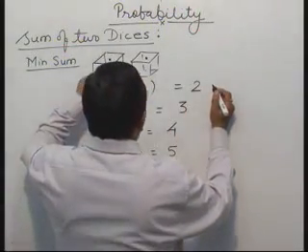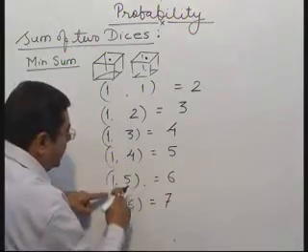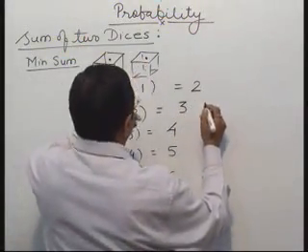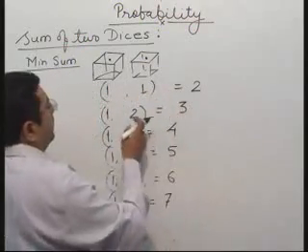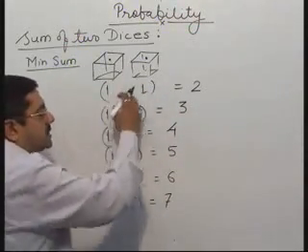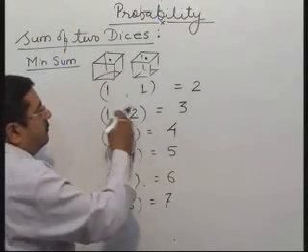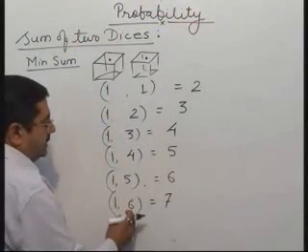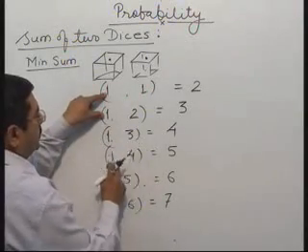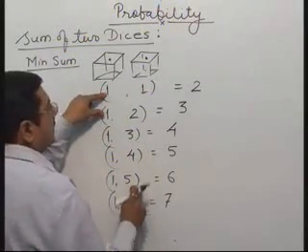Second, if this is a variable, then what will happen? This is fixed. This die, it is 1. Then the numbers will be repeated. 1, 1, this is called sample space. 1, 1, 1, 2, 1, 3, 1, 4, 1, 5, 1, 6. Then 2, 1, 2, 2, 2, 3, 2, 4, 2, 5, 2, 6.